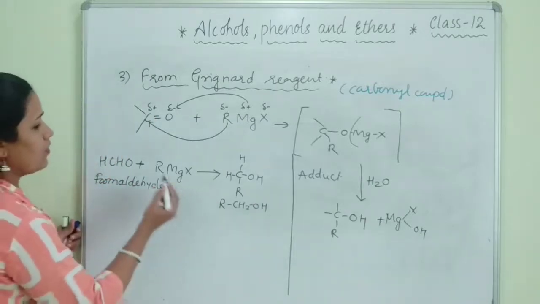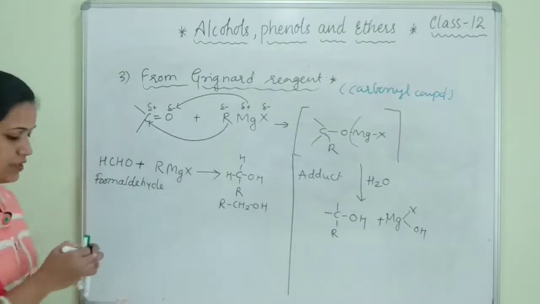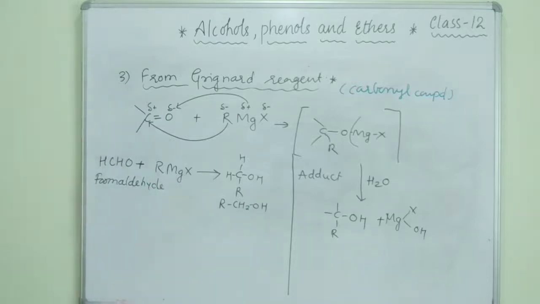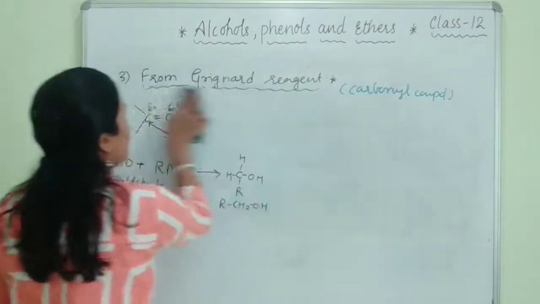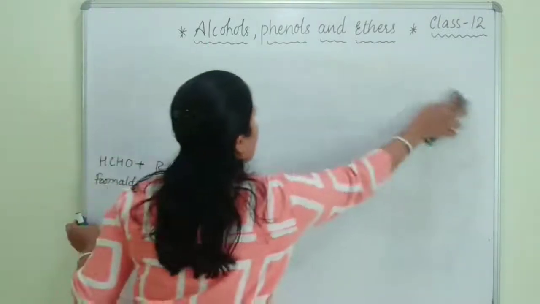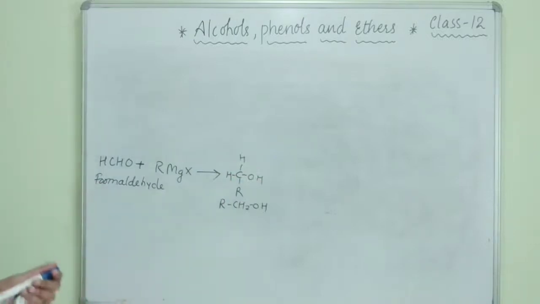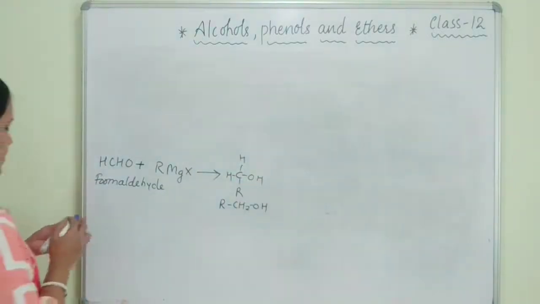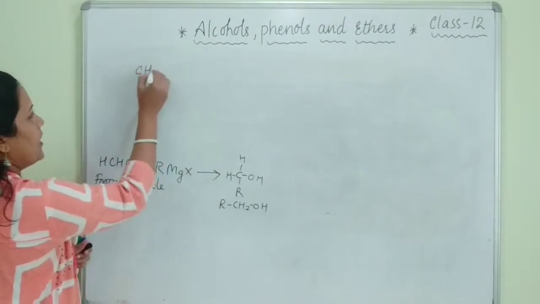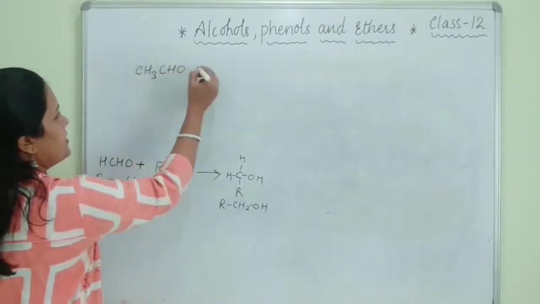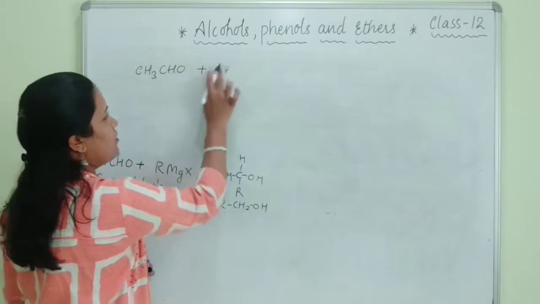Then it would depend upon RMgX. Now I will give some proper examples so you understand how these Grignard reagents form alcohols. For conversion questions, students, this is one of the very important reactions. For example, acetaldehyde reacts with RMgX.